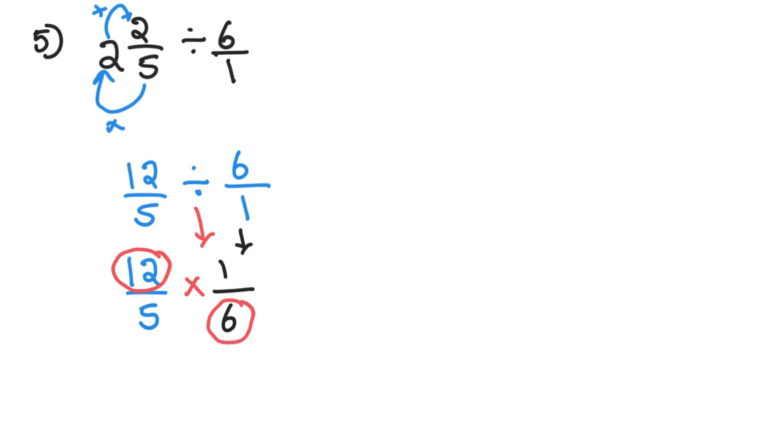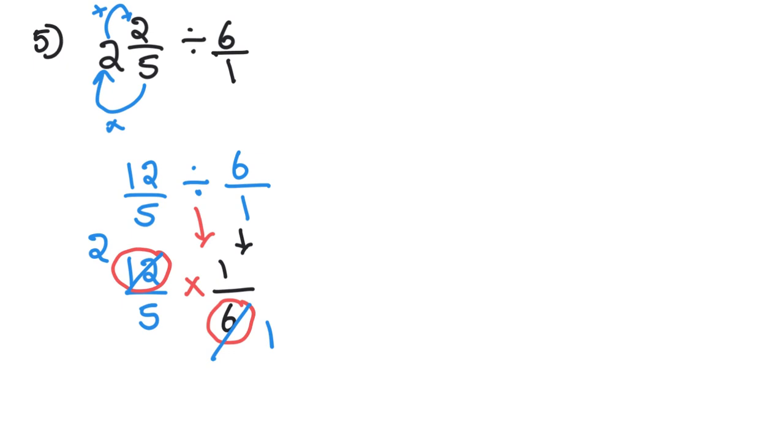Is there a number that can divide both 12 and 6? Yes, 6 itself. So 6 1 times is 6. 6 2 times is 12. This is called simplifying.